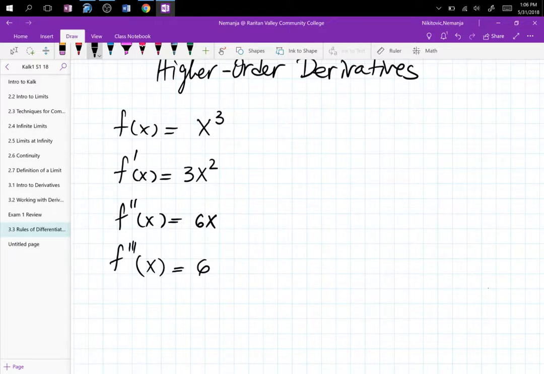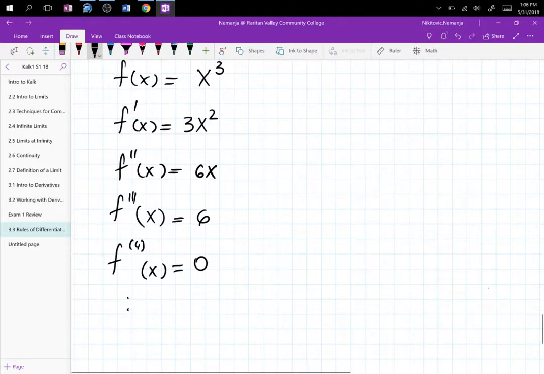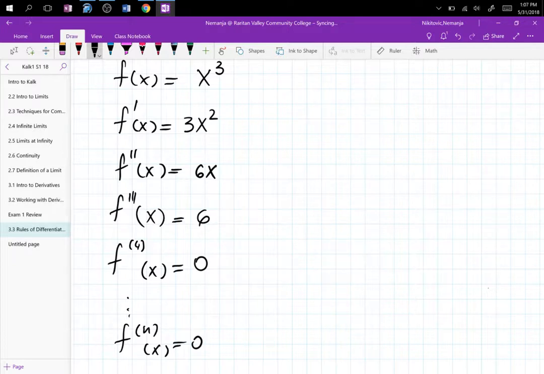For the fourth derivative and on, notation changes into numbers inside parentheses. And now all of the next ones will be 0 because we are working with a polynomial. The polynomial will eventually die out because it eventually will hit a constant, and then in the next derivative, the derivative of the constant is 0.